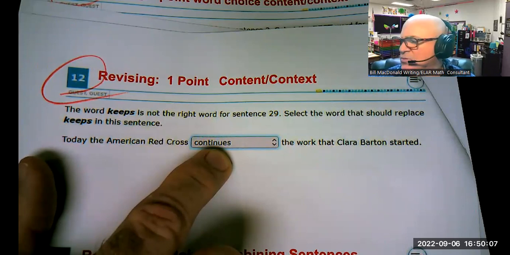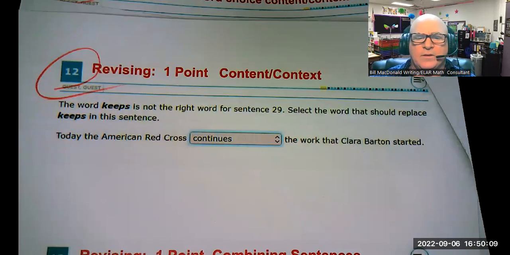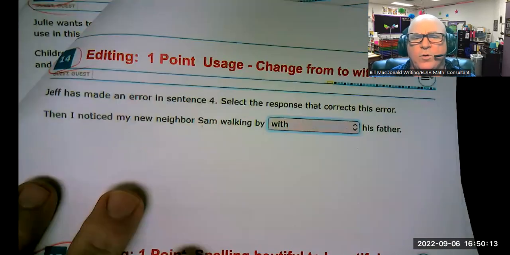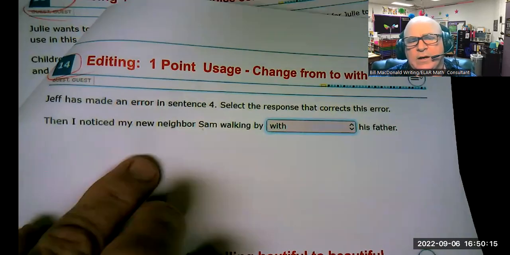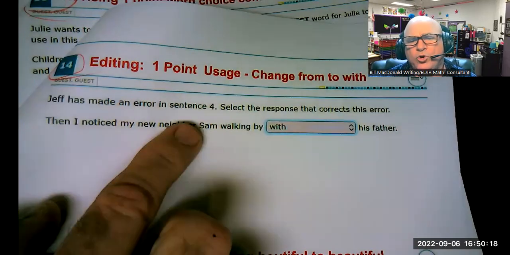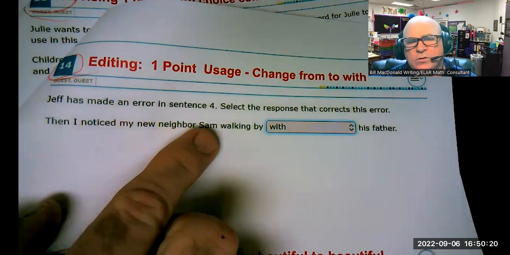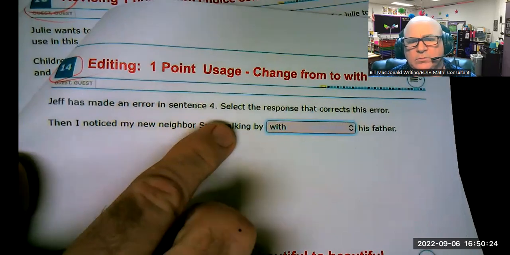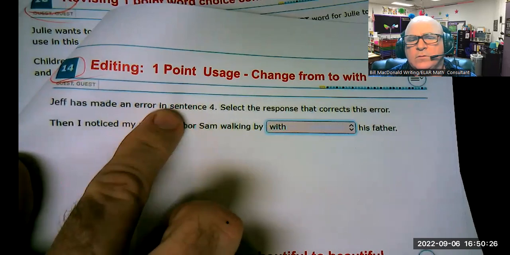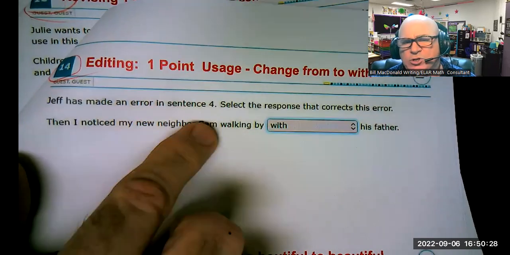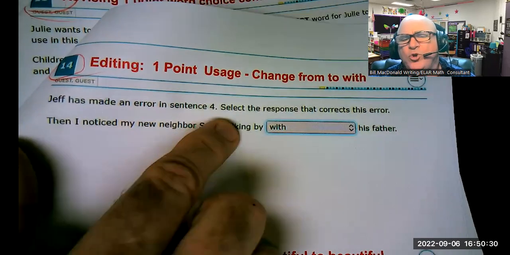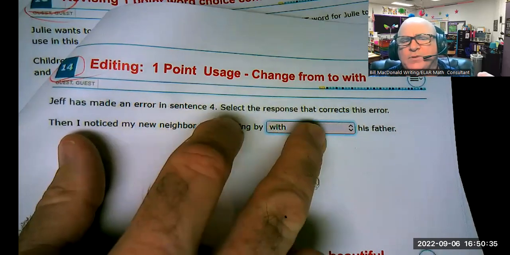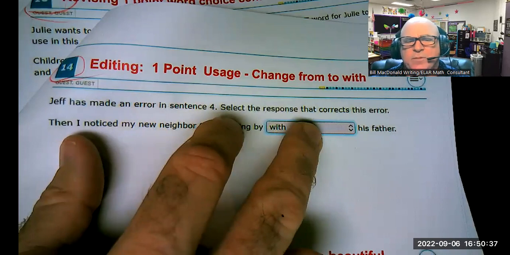My next one is 3rd grade, an editing question. Jeff has made an error in sentence 4. Normally when you see the word error, or the word change, you will think of the word CUPS: capitalization, usage, punctuation, and spelling.